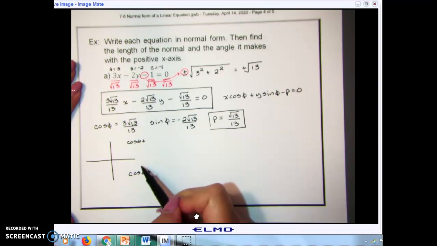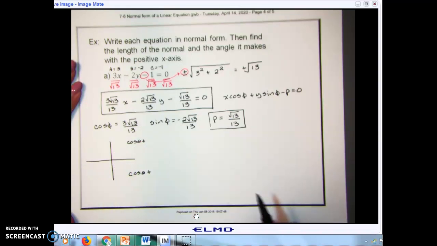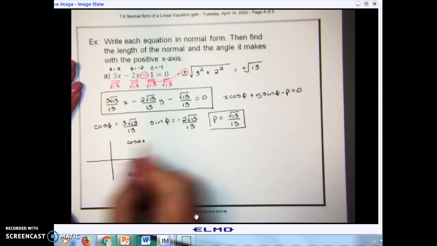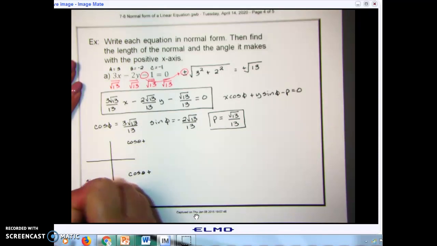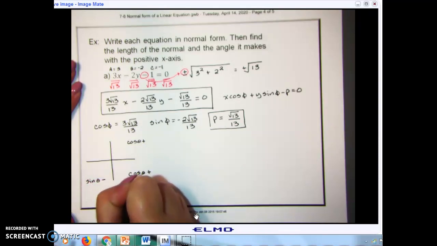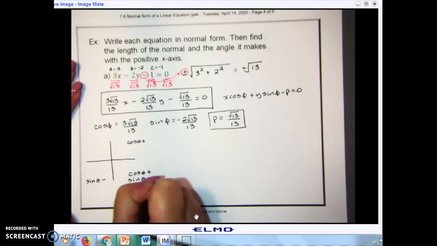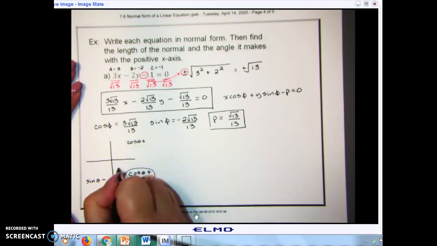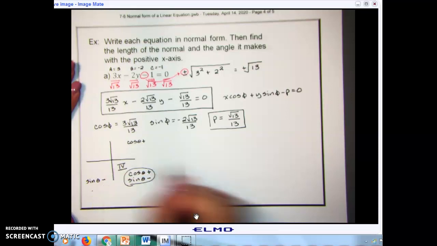So we only have these two to choose from since cosine is positive. And then we want sine to be negative. So this is where sine of theta is negative, and this is where sine of theta is negative. So do you see where cosine is positive and sine is negative is going to be in quadrant 4.